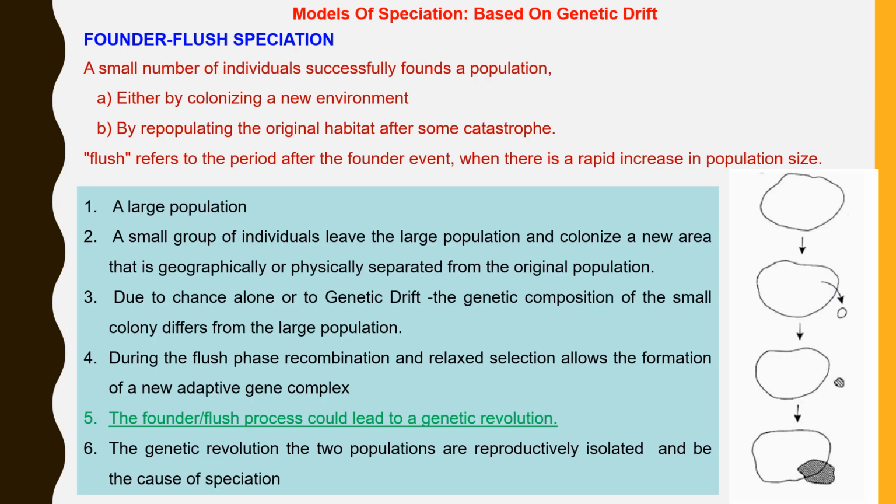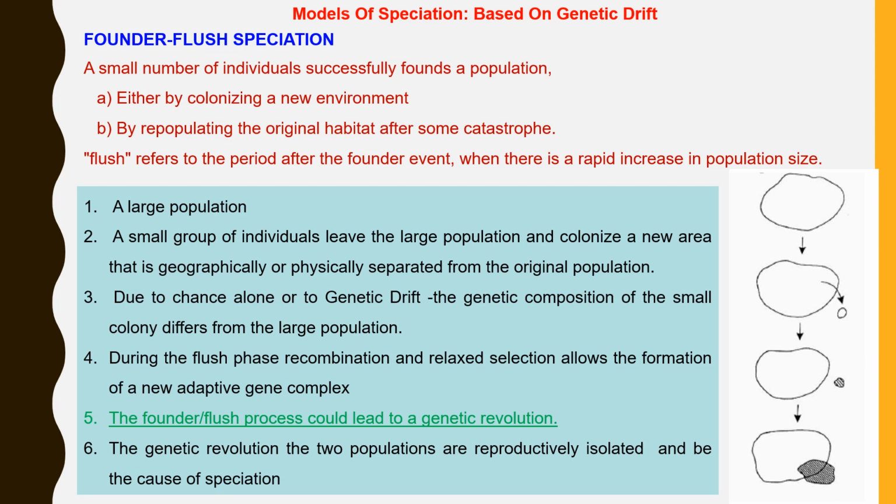According to founder flush speciation, a small population gets separated from a large ancestral population. It could be either due to founder effect, that is, colonizing a new environment, or repopulating the habitat after a catastrophe. Due to this genetic drift, the small population has less variability and is different from the parent population.